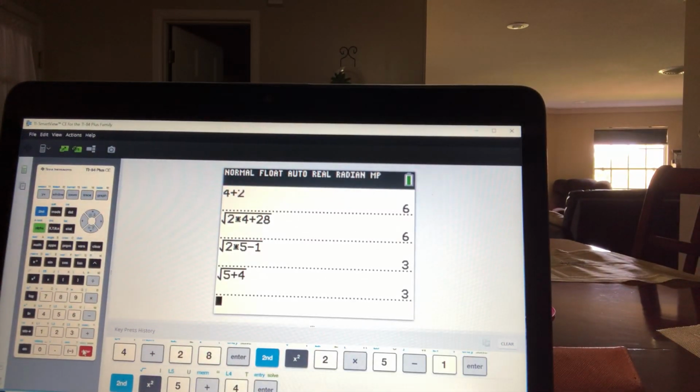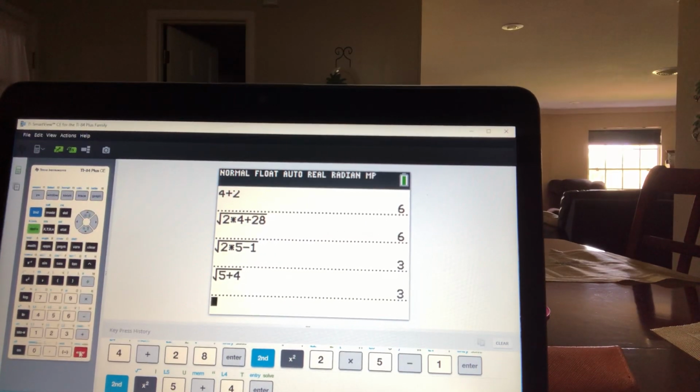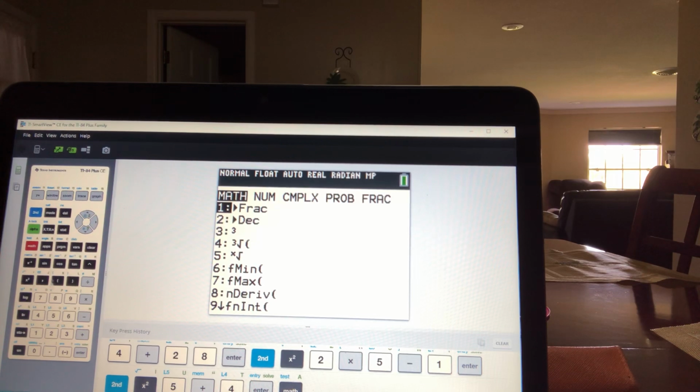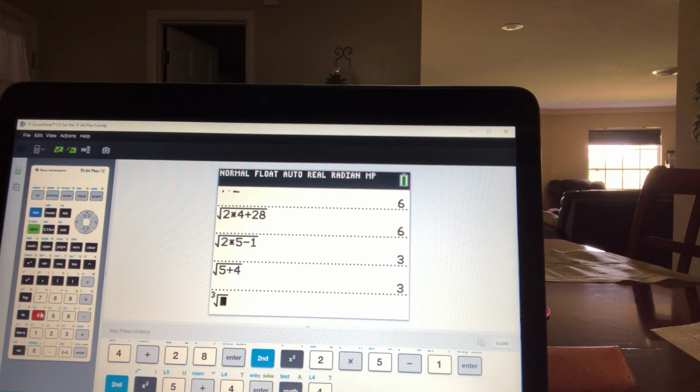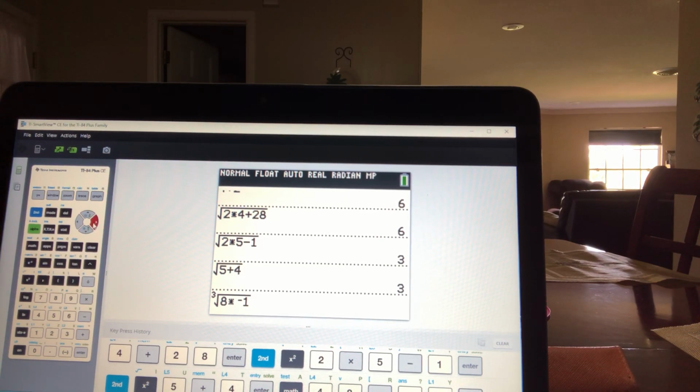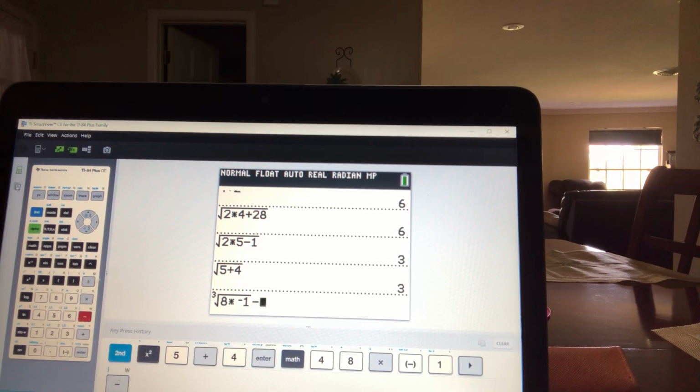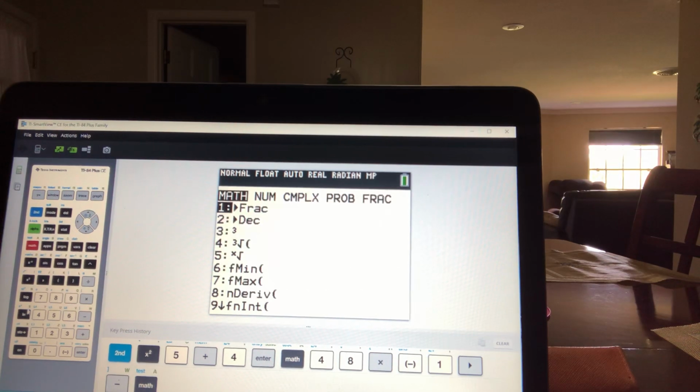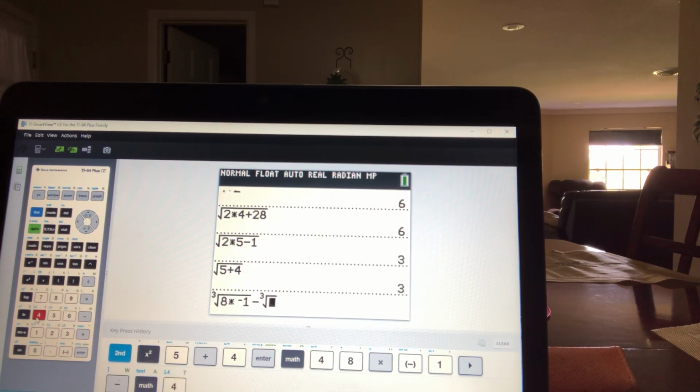Okay. So you're going to go to the original equation always when you plug it in. So I'm going to math, number 4, cube root, 8x. So that'd be 8 times -1. I want to get out of the radical, so I'm pressing the right arrow on my calculator. Some of you may need to close off parentheses. And then there'd be a subtraction sign, another cube root, math, number 4.